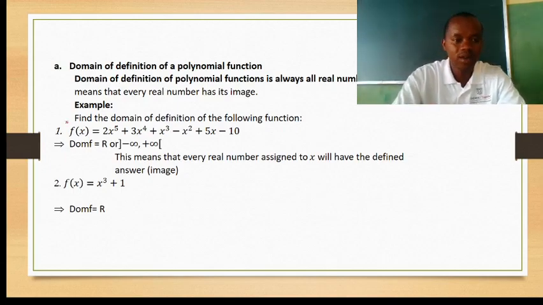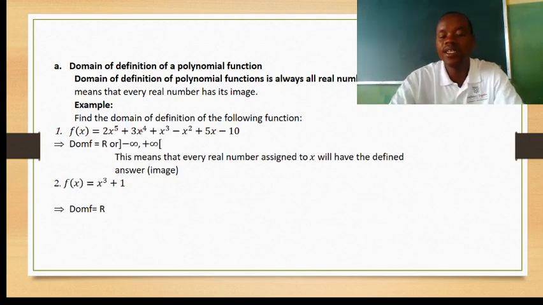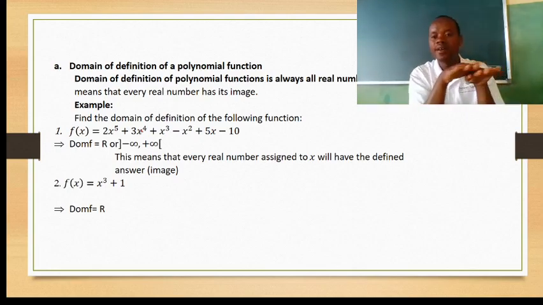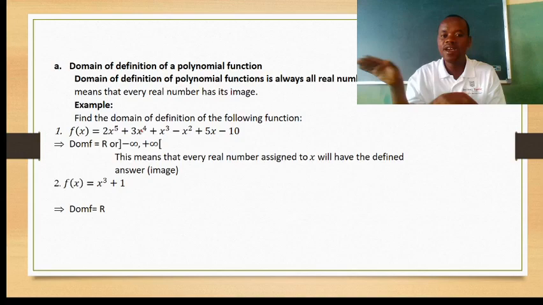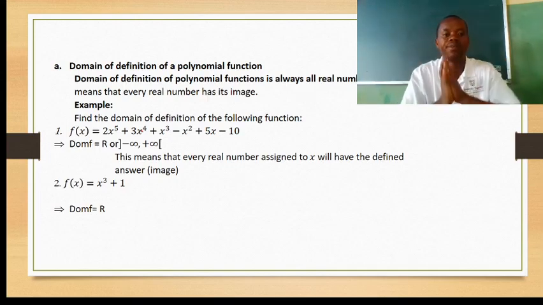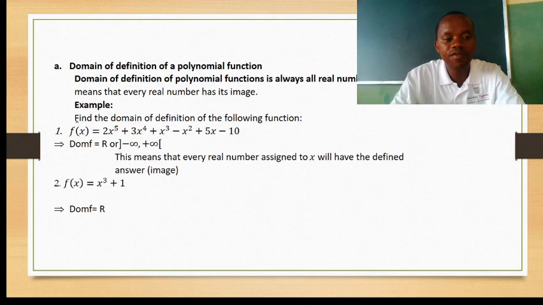As we can see, this is a polynomial function because it is written in a linear form. It is not like a fraction, and it does not contain a root. So it is a polynomial function. That is why its domain of definition is the set of all real numbers, or from minus infinity up to positive infinity exclusive.